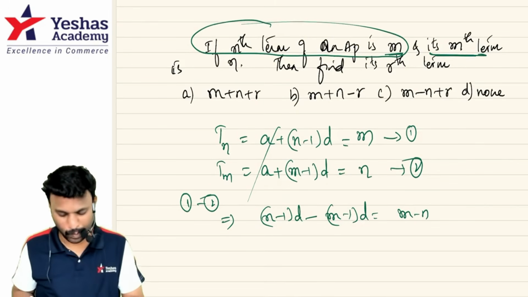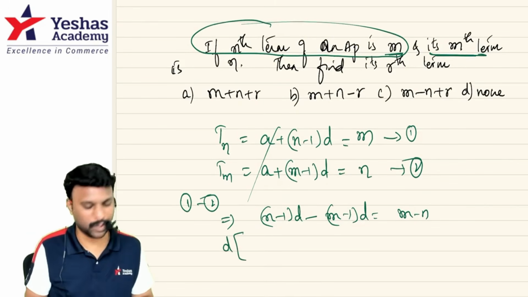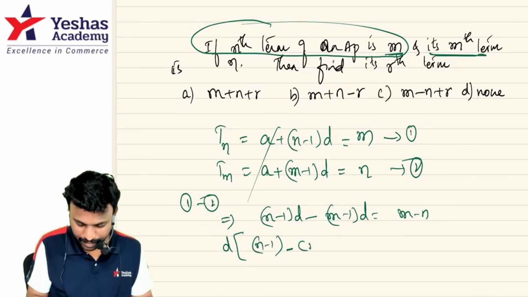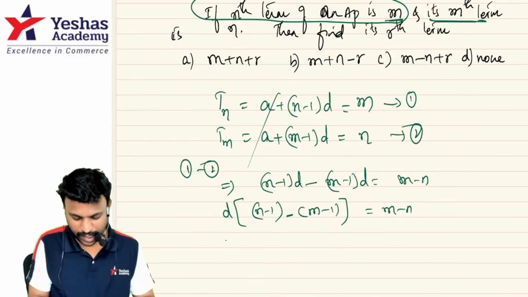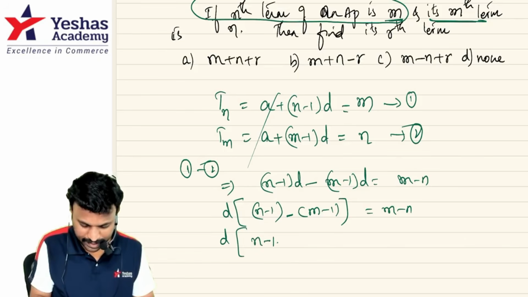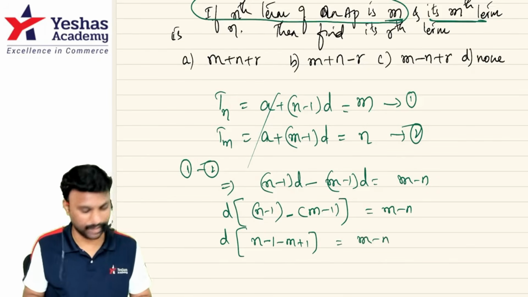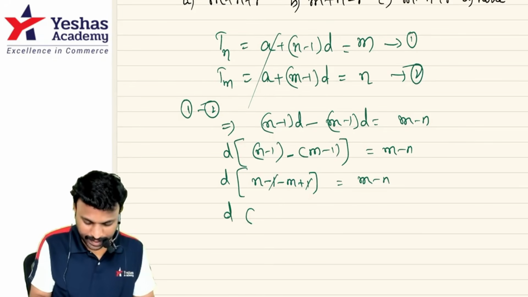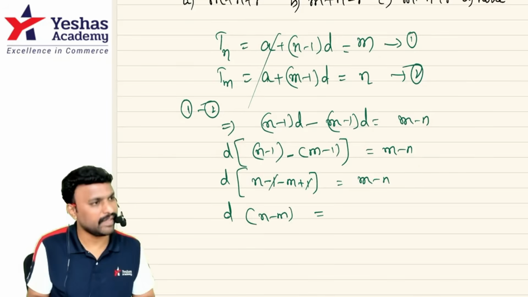m minus n. What's common here? D is common. What's remaining from the first term? n minus 1 minus the second term m minus 1 is equal to m minus n. Now if I remove the brackets and solve, n minus 1 minus m plus 1 is equal to m minus n. Plus 1 minus 1 cancels. D into n minus m. Everyone look here.